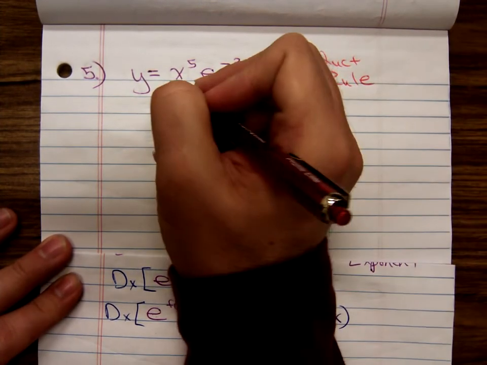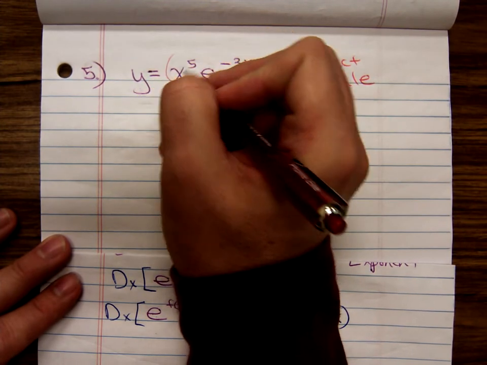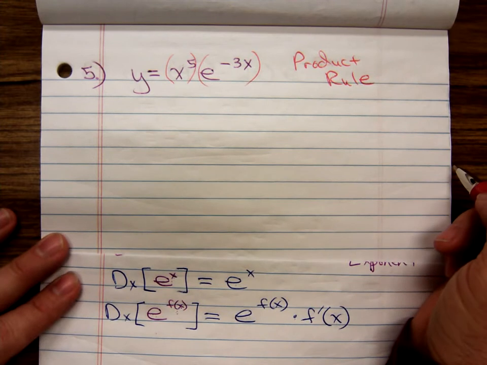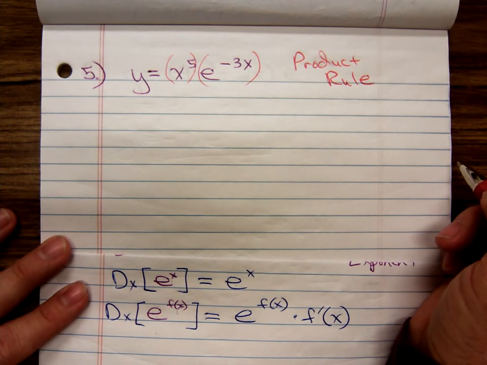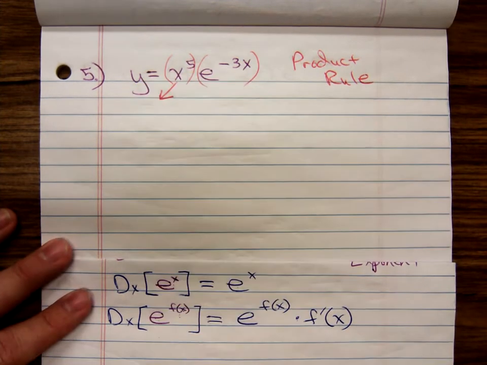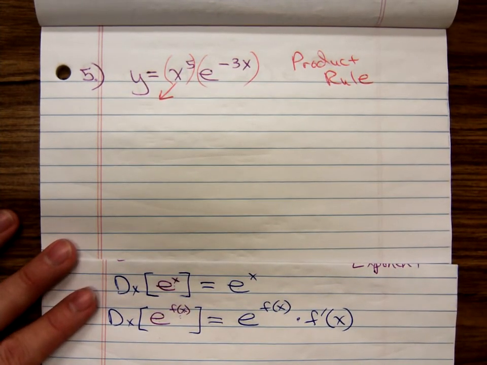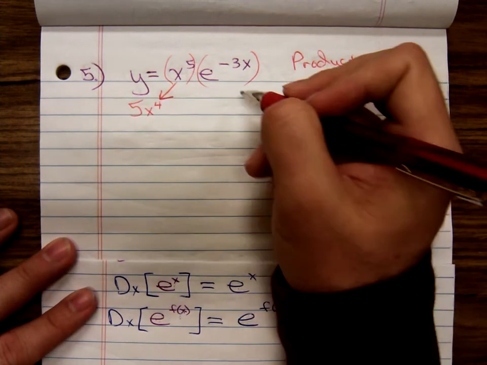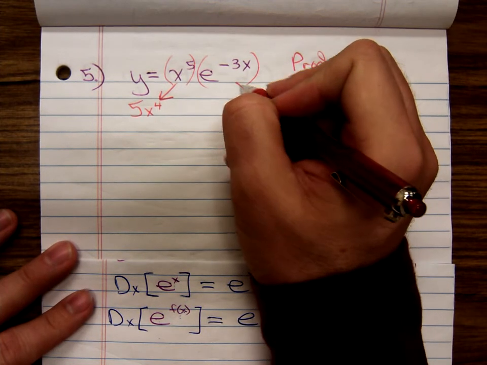That means I'm going to break it up as x to the 5th times e to the negative 3x. We differentiate x to the 5th. We know how to find that derivative. What's the derivative of x to the 5th? 5x to the 4th, I agree. Now let's differentiate e to the negative 3x.